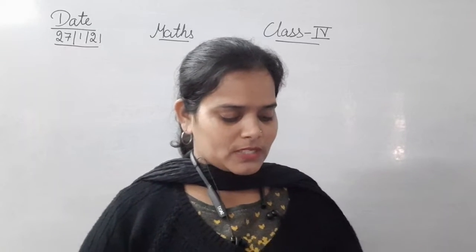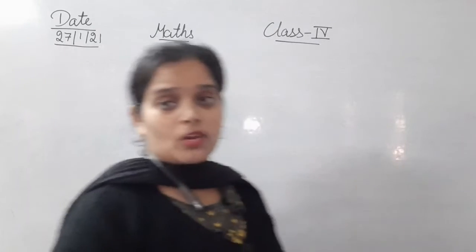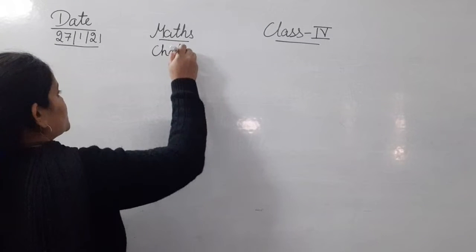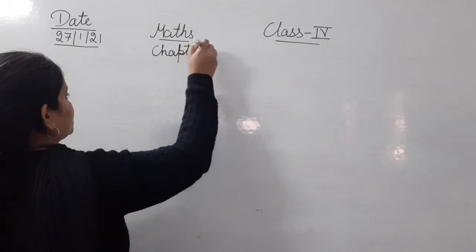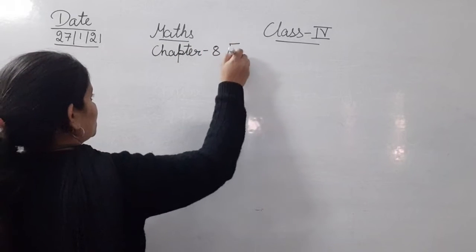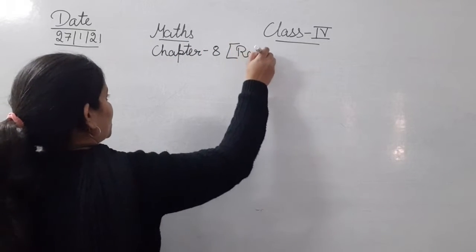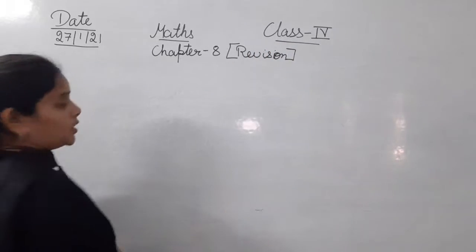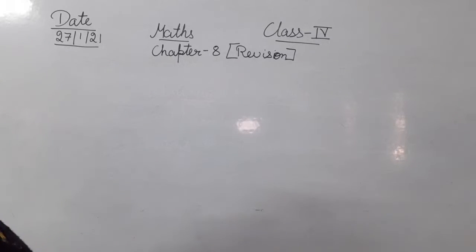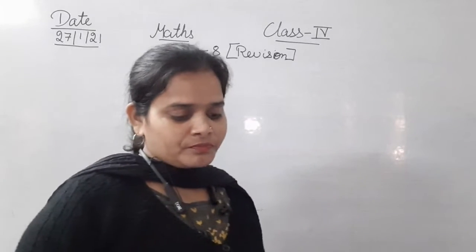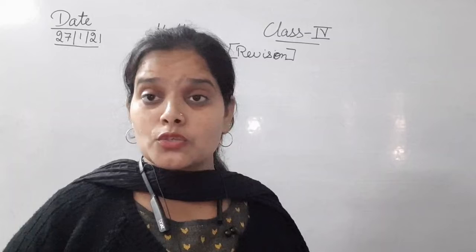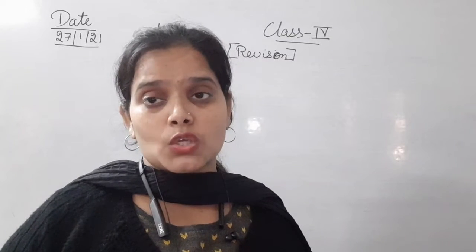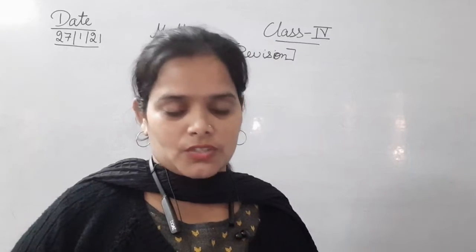So first of all, I just run the topic, chapter number 8, and as you all know, we are doing the division part. Okay, so this is the topic. Here it is given to find a fraction equivalent to the given fraction. So we have to find a fraction that is equivalent to the other given fraction.